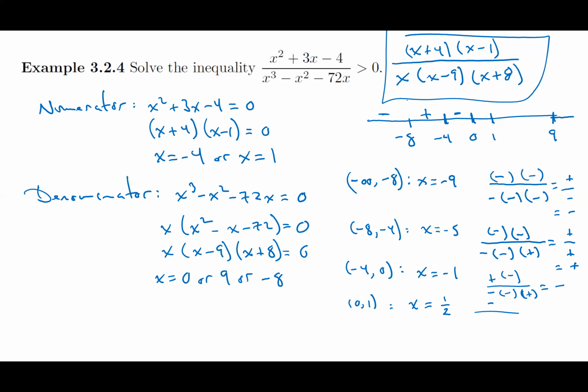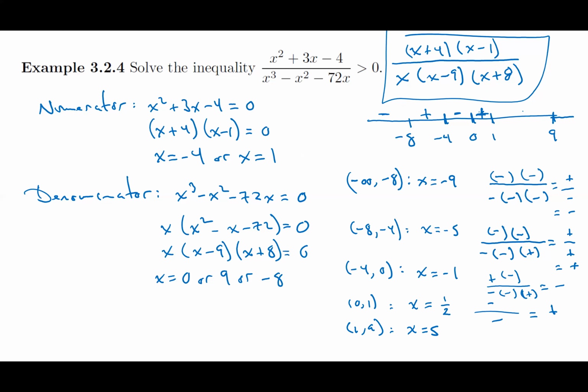So positive times a negative will be negative, times a positive will be negative. So negative over negative is positive. So on this interval, positive. And then 1 to 9. I might let x be 5. And so we get positive, positive, positive, negative, positive. So positive over negative, we get a negative.